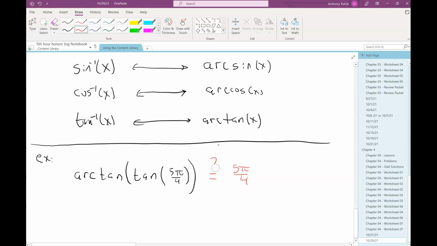Who says it's just going to be 5 pi over 4? Since arctan and tangent are inverses, they should just cancel each other out, right? No, it's not that. It's not multiplication. That's a composition, right? Not multiplication.